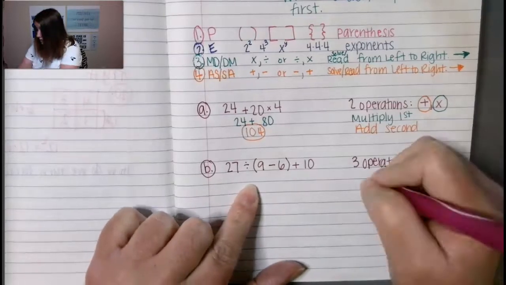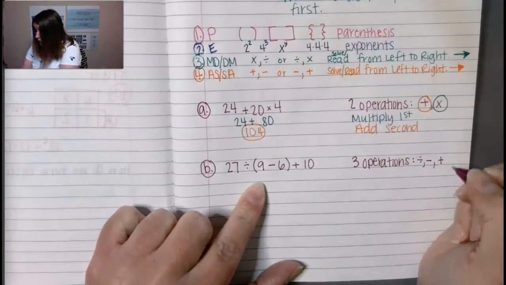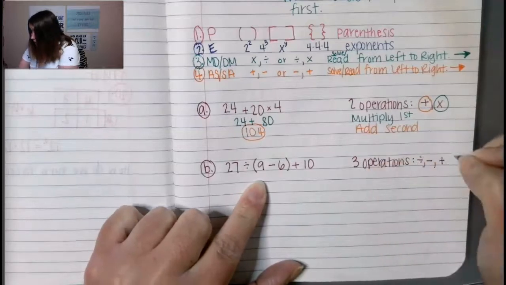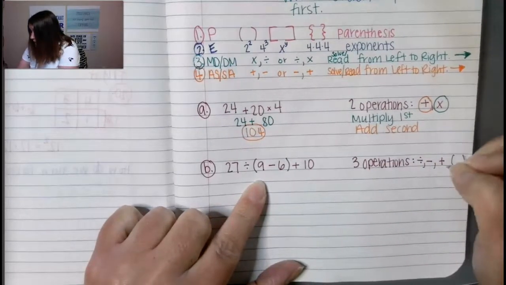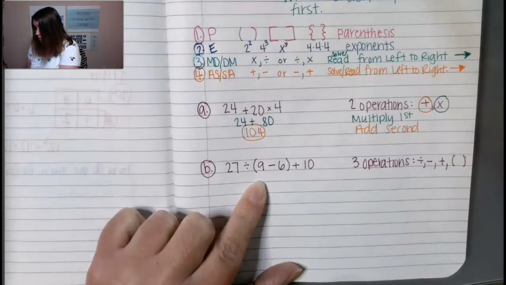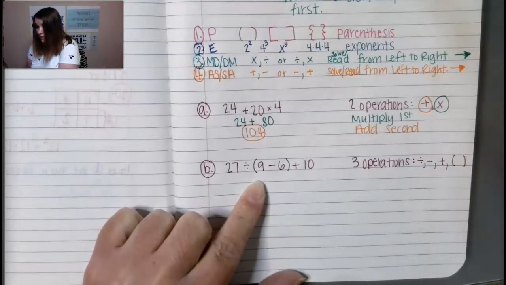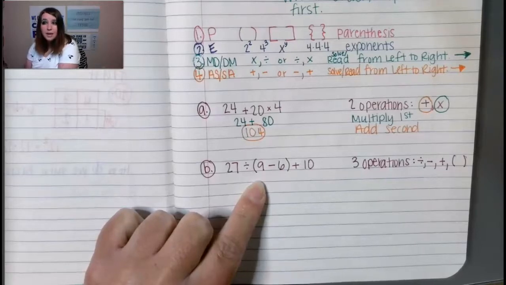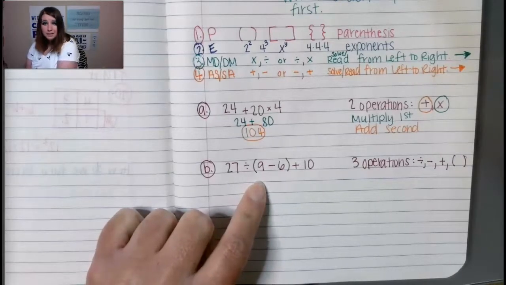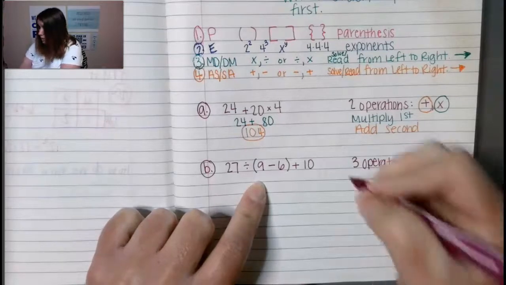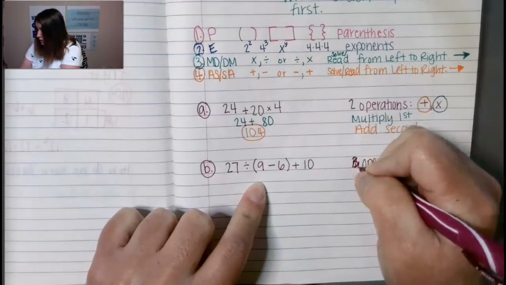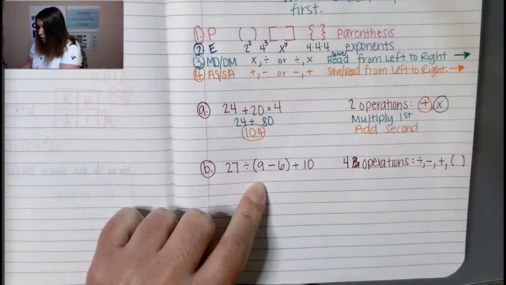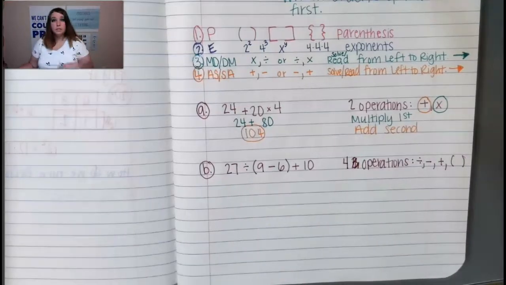Okay, is there anything special here that you see? Yes, we do. We have something special here. So I also have parentheses. So now I'm going to add my parentheses into my operations because parentheses are now going to count as an operation because they're a math symbol. So I'm going to change this 3 now to a 4. Do you understand why I did that?